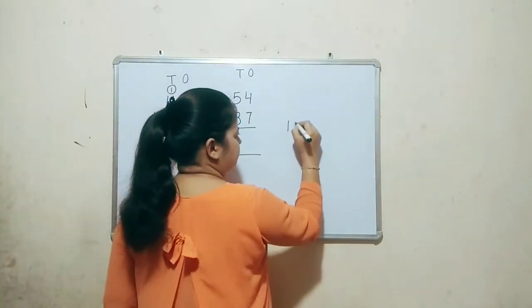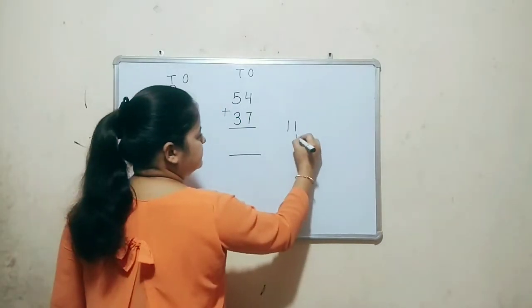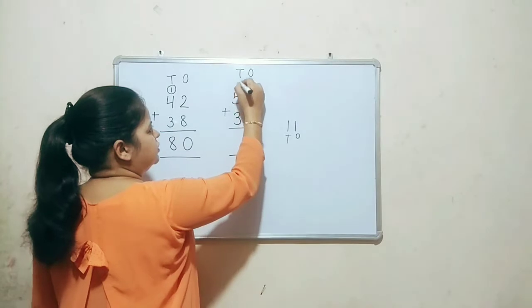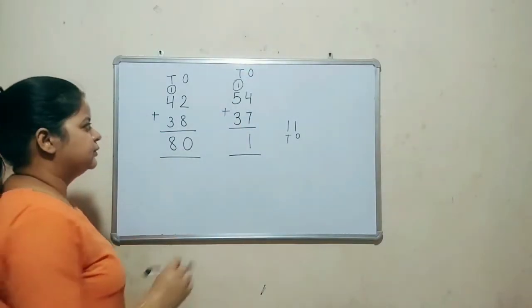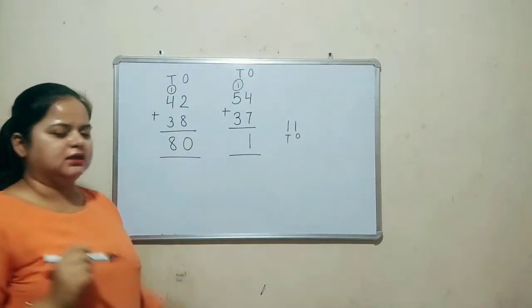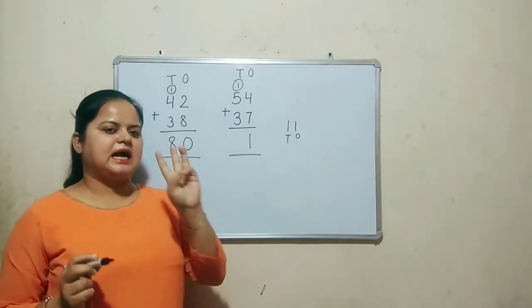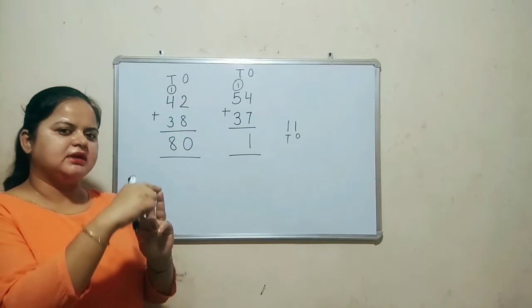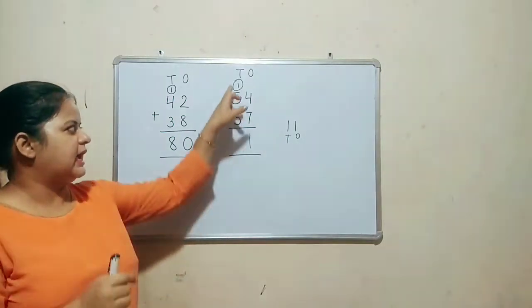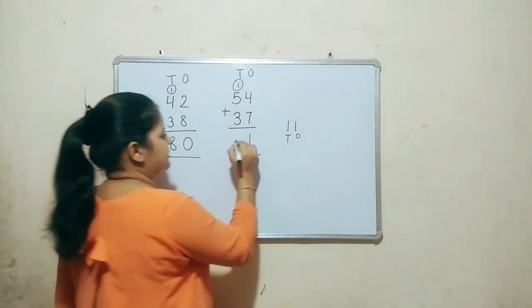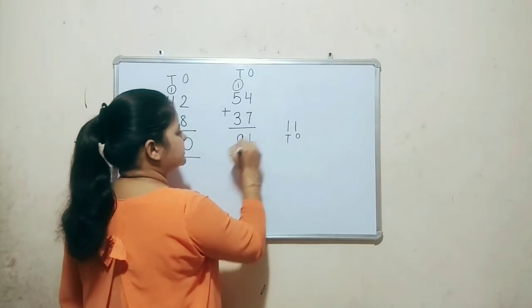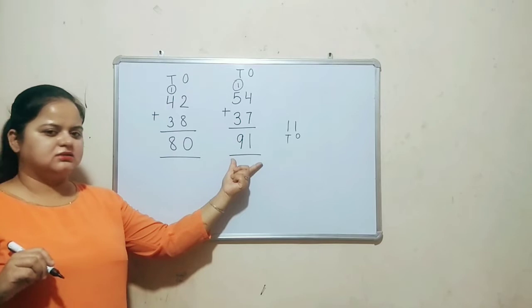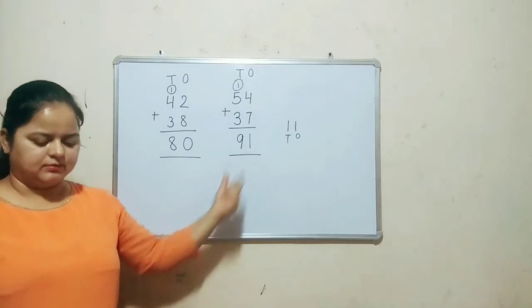Now again we have 2 digits, ones and tens. Ones we will write here and tens will go here. Okay, 5 and 3. Keep 5 in mind and 3 on fingers. 5, 6, 7, 8. 8 and 1, 9. 91 is the answer. 54 plus 37, the answer is 91.